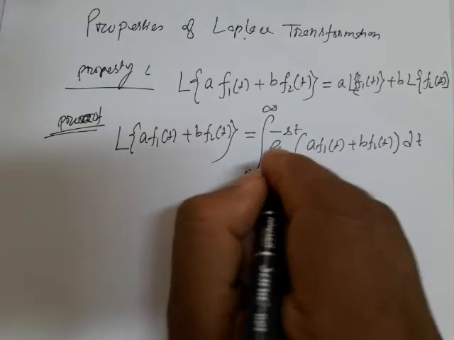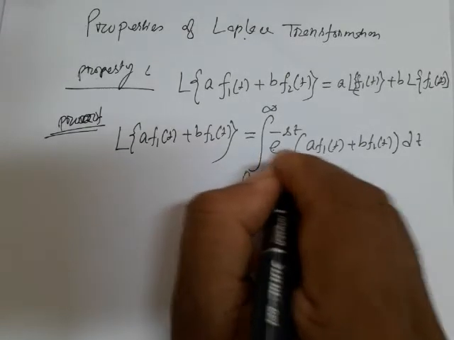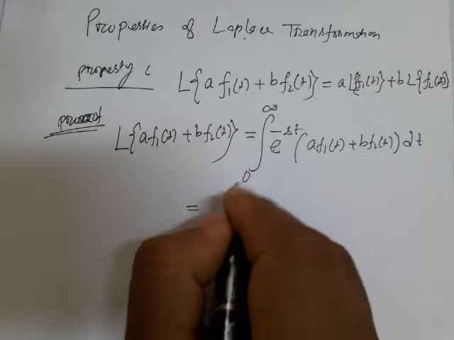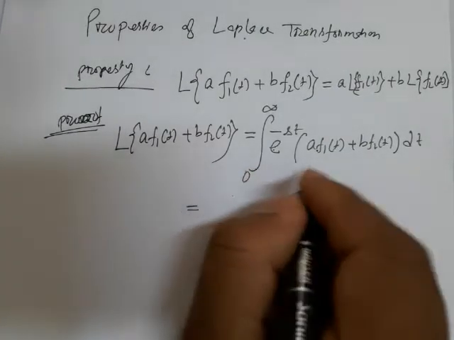We can multiply e power minus st with each term and distribute the integral.